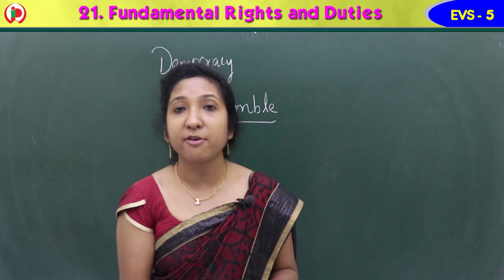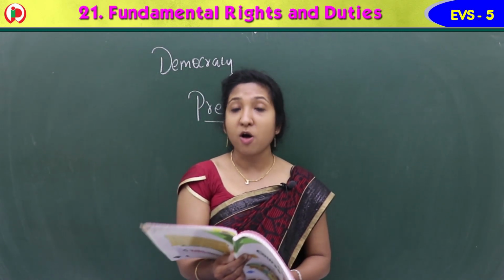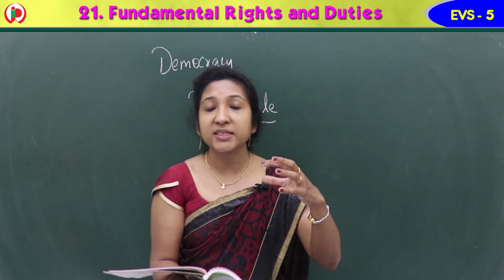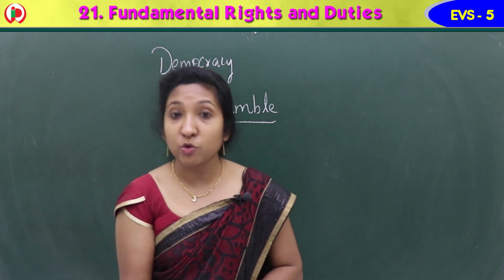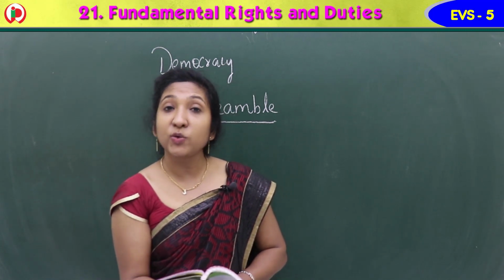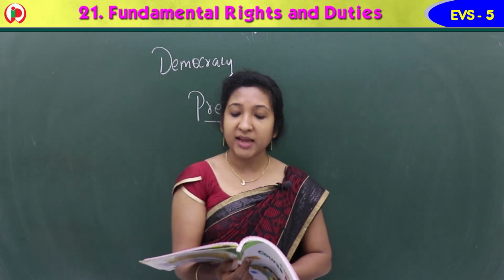So this is the preamble of the Indian Constitution. The idea of the preamble was borrowed from the Constitution of the USA. The words socialist, secular and unity, integrity were added by the 42nd Amendment in 1976.